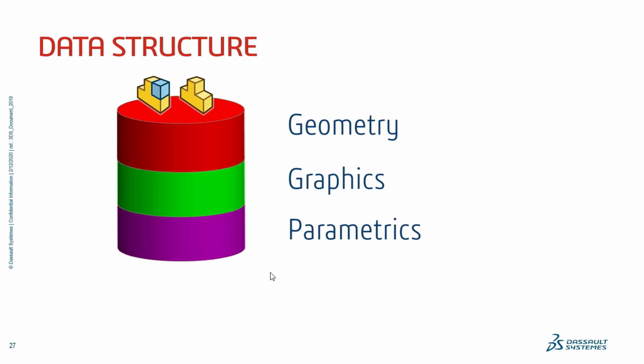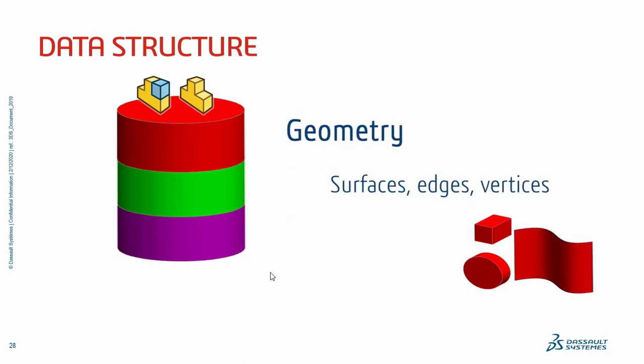As we are engineers, we need parameters to create any engineering model, so we use parametric CAD software. For the geometry, we have three important elements. First is the surface, or we can say face, then edges and vertices. These are the geometry that make up the geometry data.